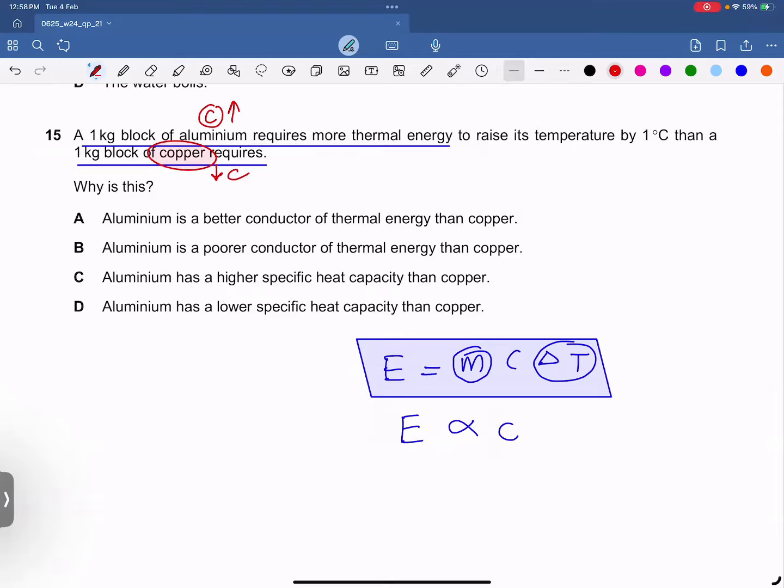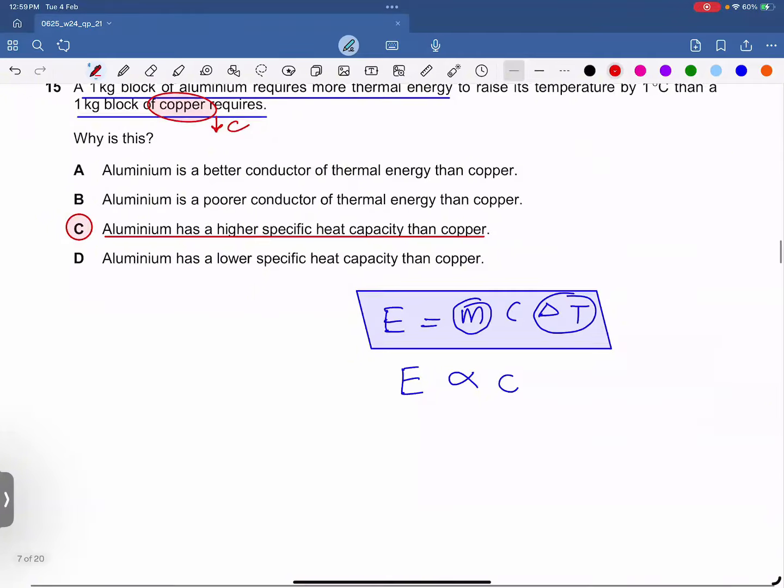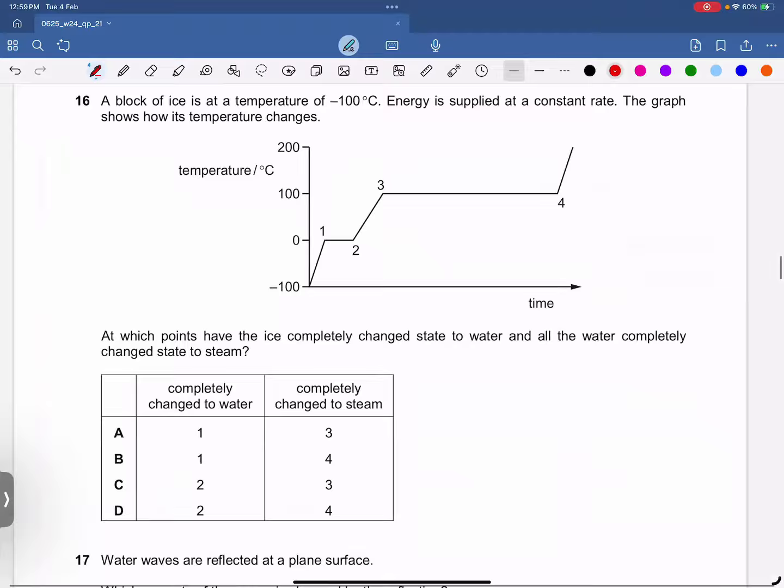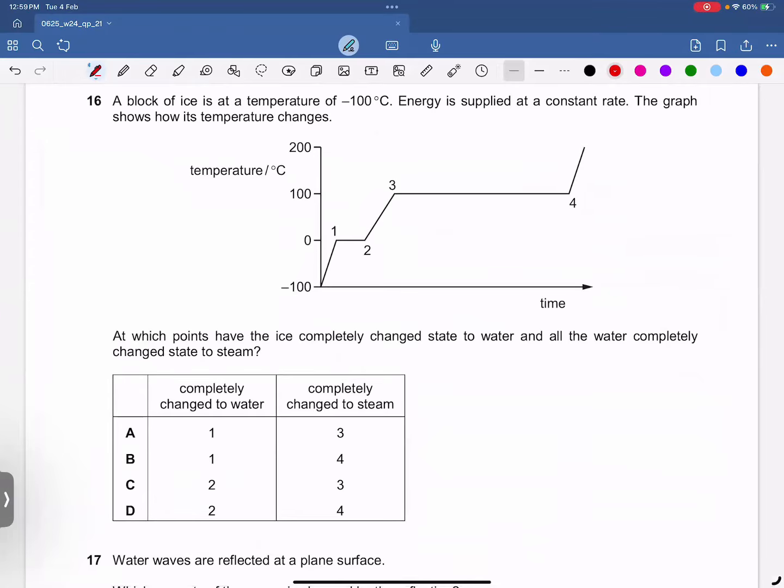Let's see which option matches this. Aluminum has higher specific heat capacity than copper. The more the specific heat capacity, the more the energy needed to raise temperature. Option is C. We proceed to question number 16. A block of ice is at a temperature of negative 100 degrees Celsius.